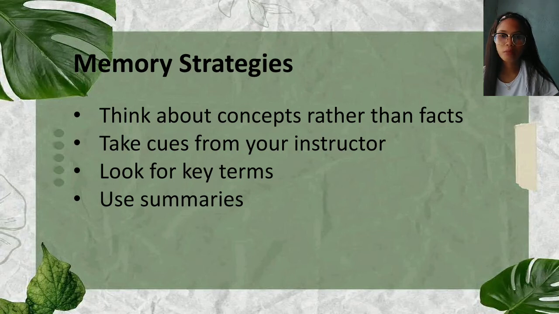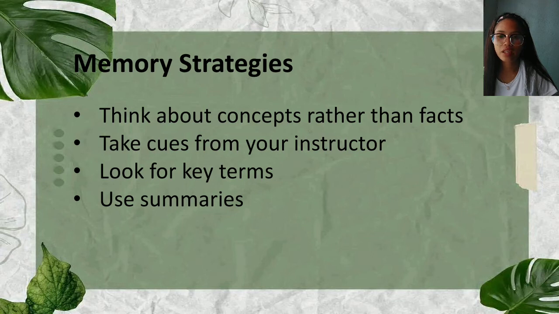Most of the time, instructors are concerned about you learning the key concepts in a subject or course rather than specific facts. Second, take cues from your instructor. Pay attention to what your instructor writes on the board, mentions repeatedly in class, or includes in study guides and handouts. They are likely core concepts that you will want to focus on.